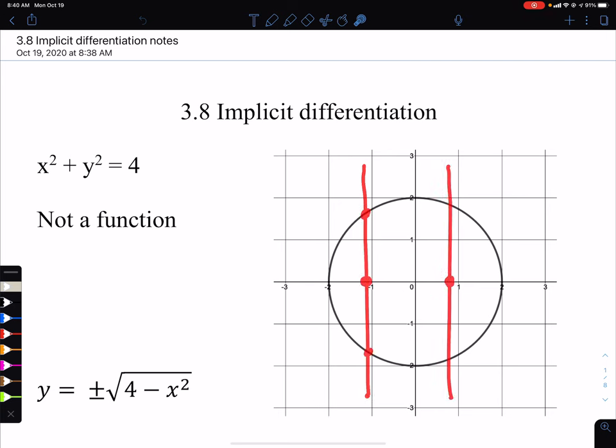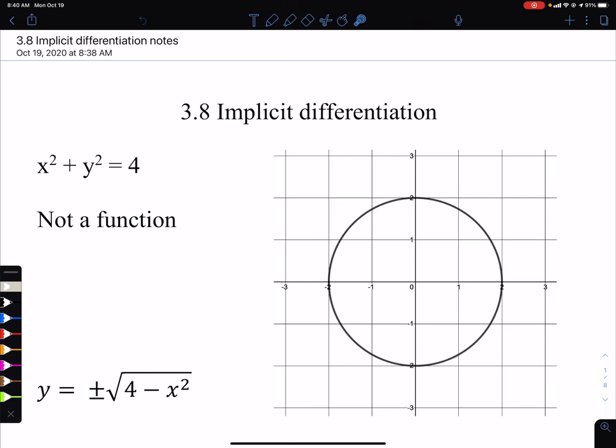This x value here contains two y values, not a function. So you couldn't even write this as y equals one function, and you'll see what I mean by that. Implicit means non-direct differentiation. Explicit is what you've been doing so far this year.